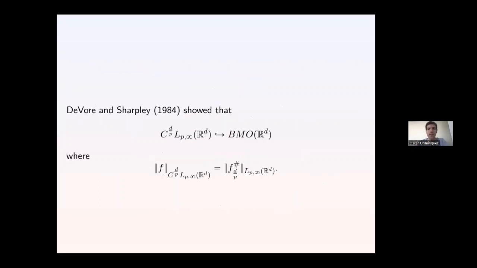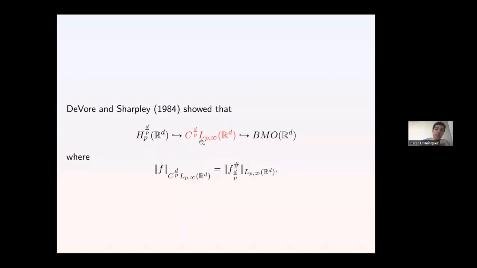Somehow hidden among the pages of this memoir, you may find the following interesting embedding. If you deal with weak type Calderón-Campanato spaces, I mean, if you replace L^p by weak L^p in the classical definition, and you are working with the critical smoothness, then you get an embedding into BMO.